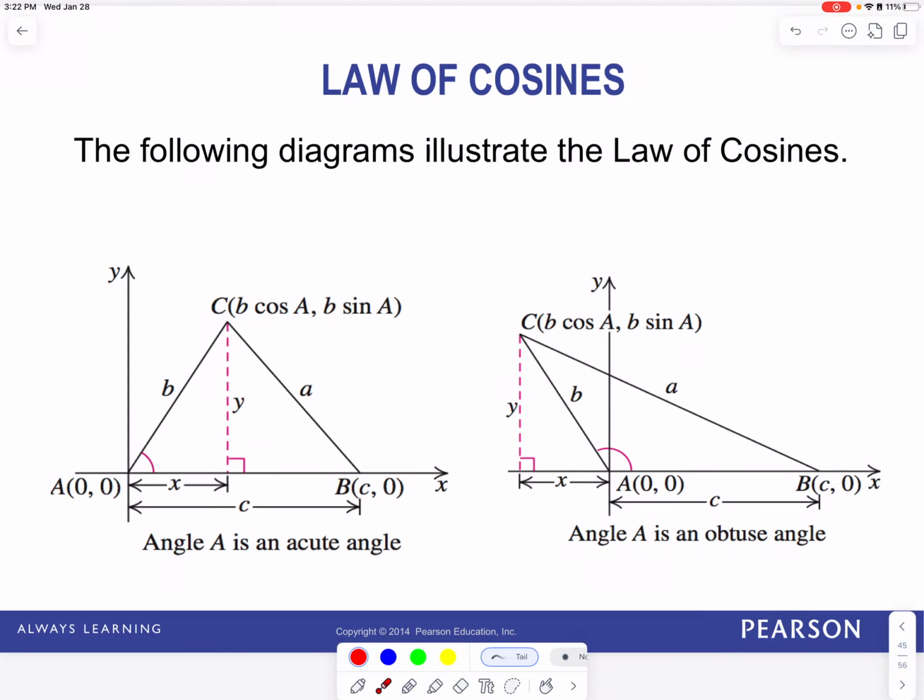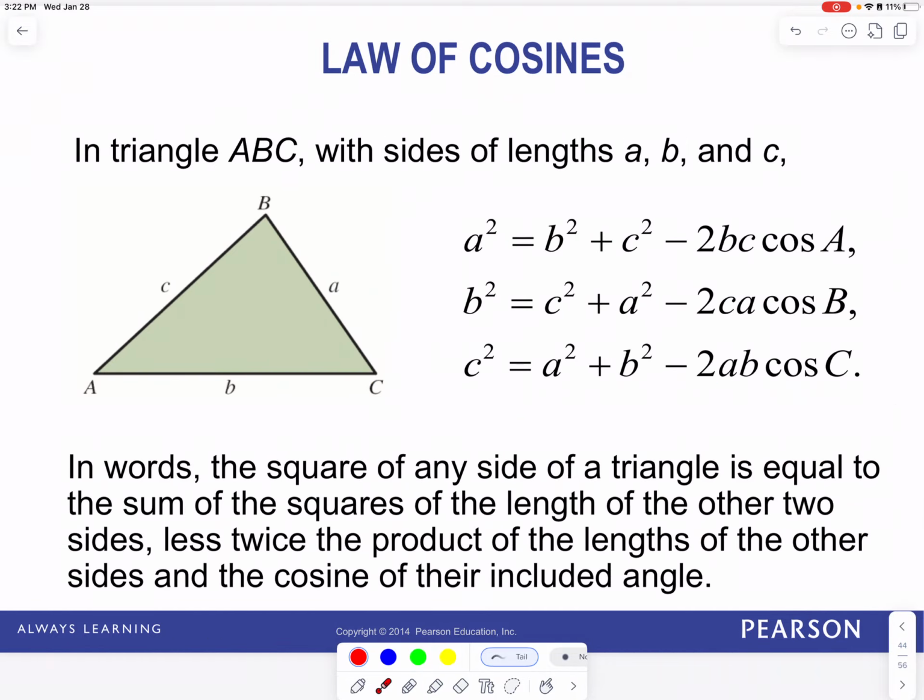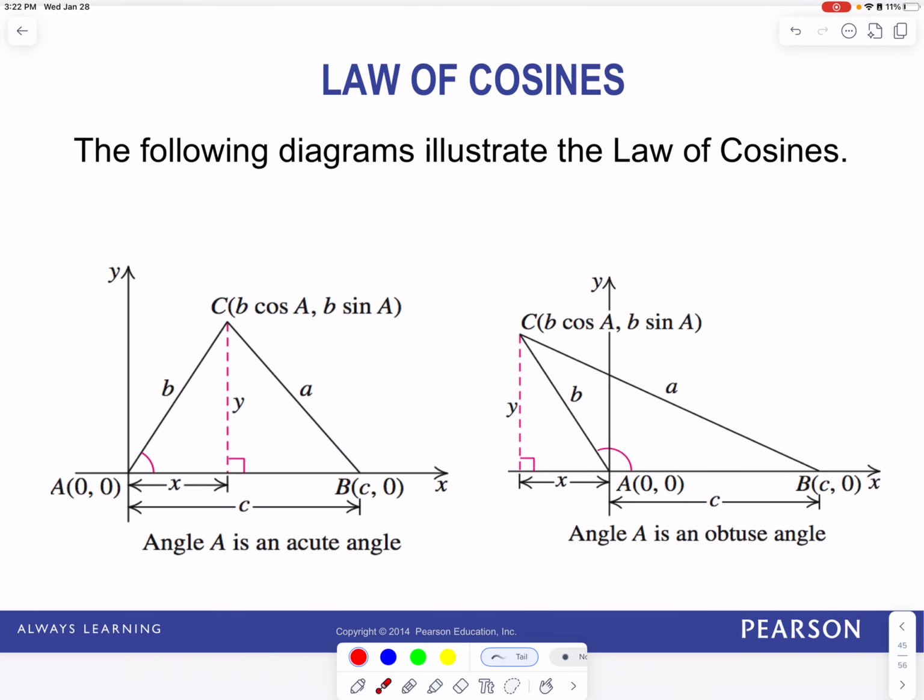I'm just trying to make a connection. I know there's something simple with the Pythagorean theorem I'm missing. Minus 2bc cosine of a. If we wanted this, a squared plus b squared equals c squared. Let's see if we do a Pythagorean theorem, a squared plus b squared equals c squared.